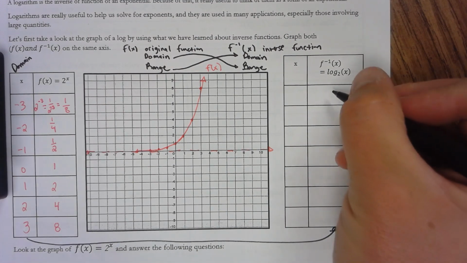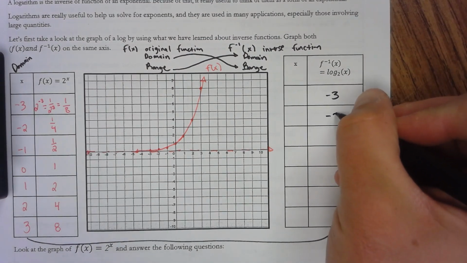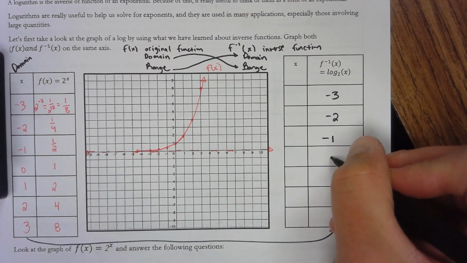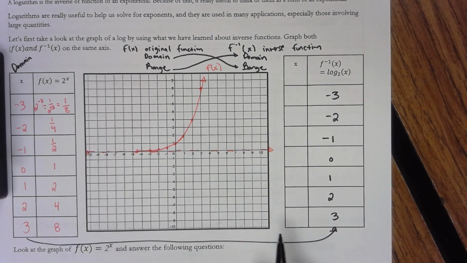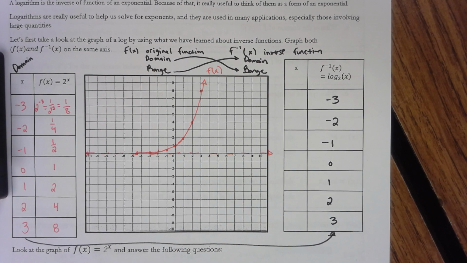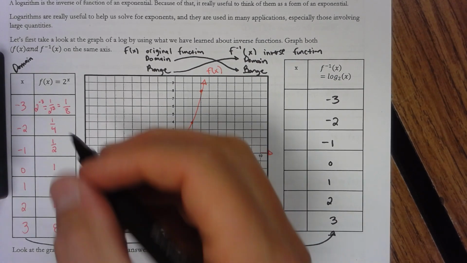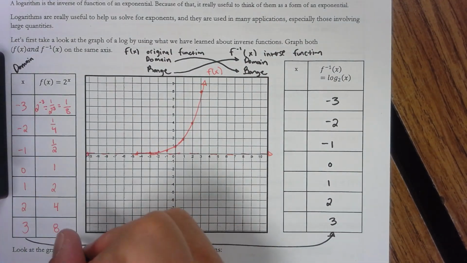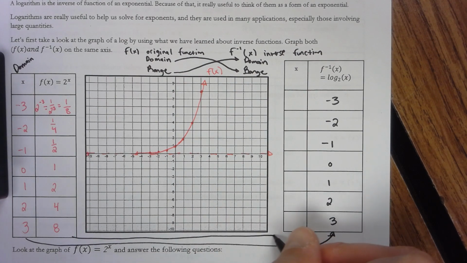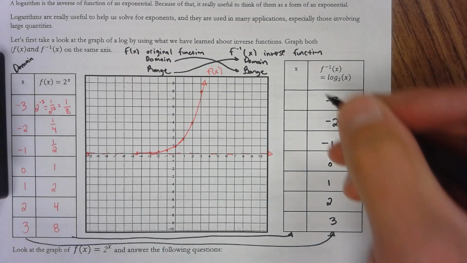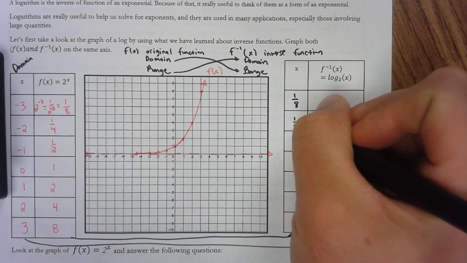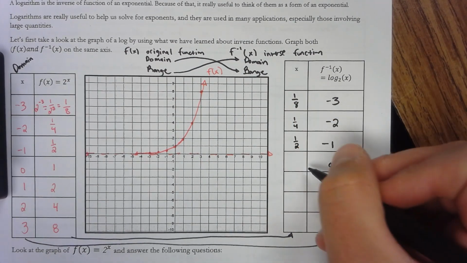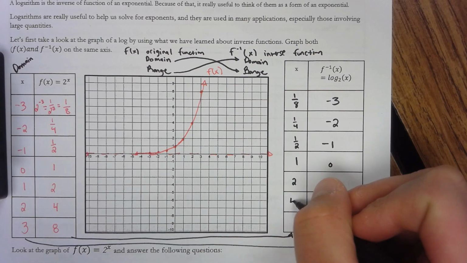So I'm just going to copy those exact values over here: -3, -2, -1, 0, 1, 2, and 3. So the original domain became the range of our inverse. And the opposite is true about the range. The range of our original function becomes the domain of the inverse function, which is 1/8, 1/4, 1/2, 1, 2, 4, and 8.